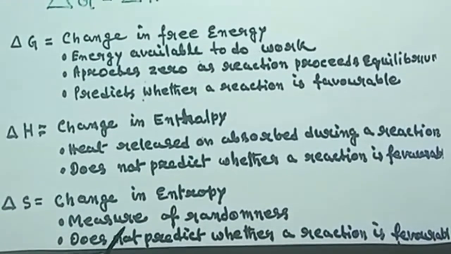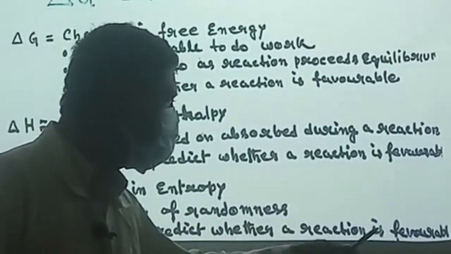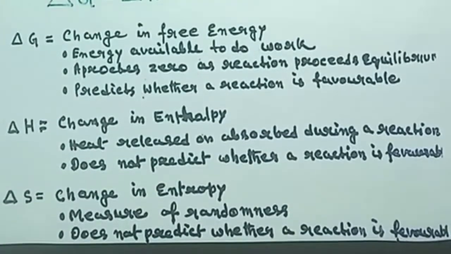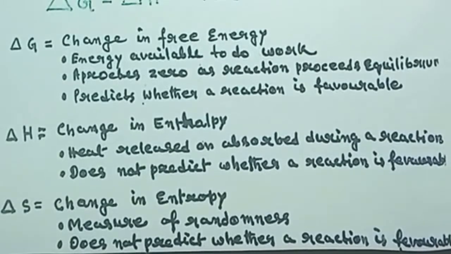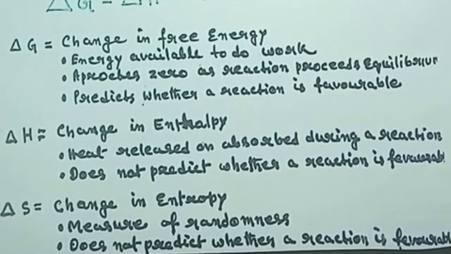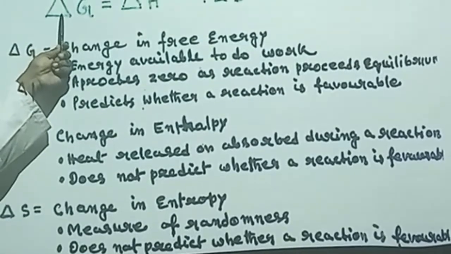It does not predict whether a reaction goes forward or not, but it also plays a very important role in making a reaction spontaneous, because whenever free energy is given, the randomness is increased, and the increased randomness makes delta G negative.